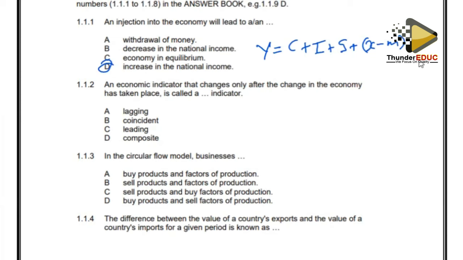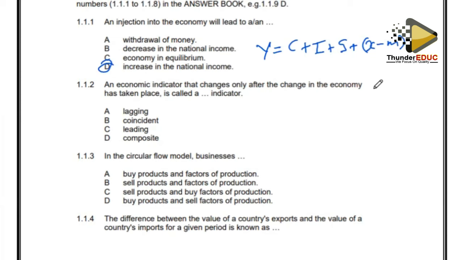Okay, right. So now, since the question says an economic indicator that changes only after there is a change in an economy, as I said earlier, grade 12, the lagging indicator changes after the economy has changed. Coincident changes at the same time as the economy.